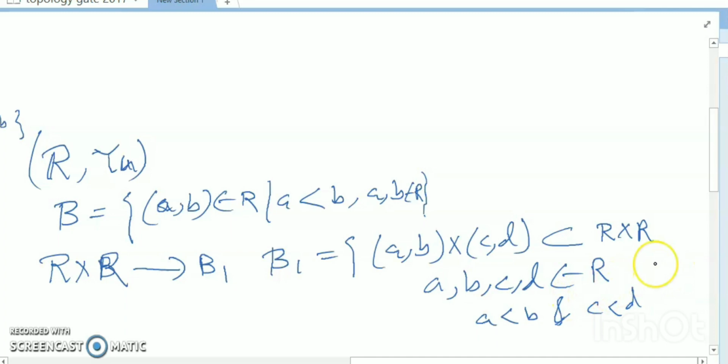So now the discrete topology. What is tau D? Tau D is the discrete topology.